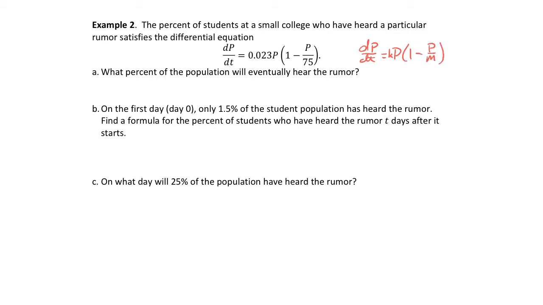Well, it looks like it because we have k there times P times 1 minus P over M. Okay, so what percent of the population will eventually hear the rumor? Well, looks like that's the carrying capacity, which is 75.